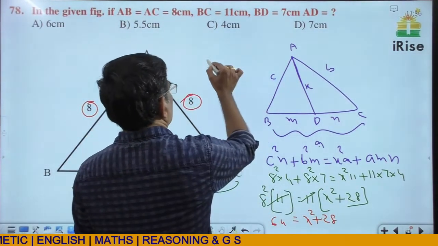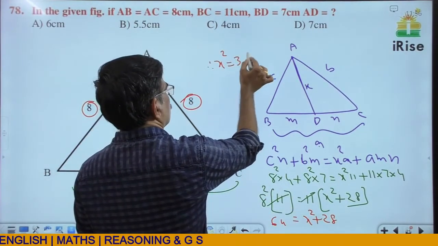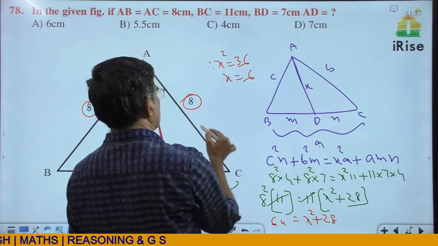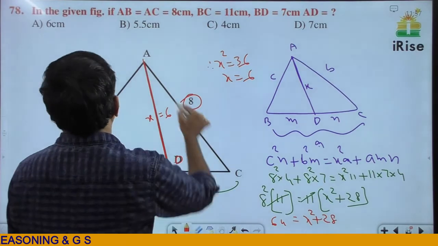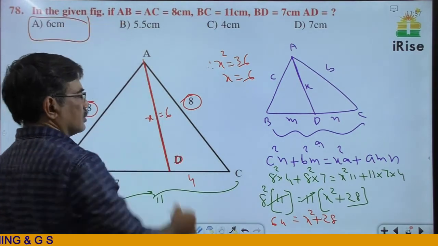So therefore x square is equal to 36, x is equal to 6. So this value is equal to 6. AD is equal to 6 centimeters.